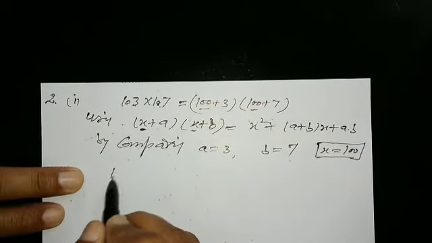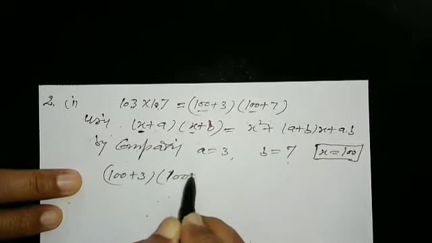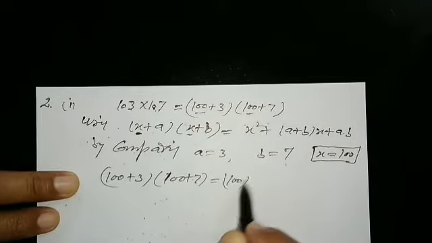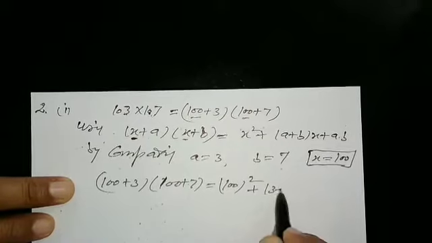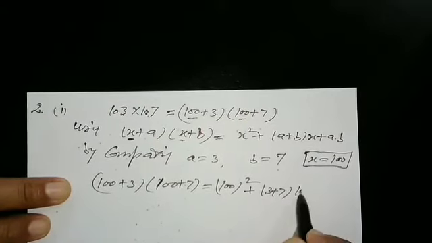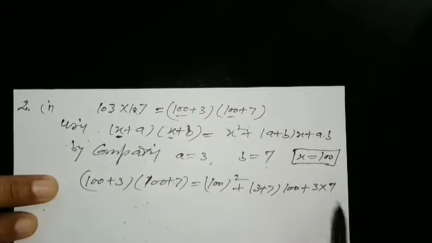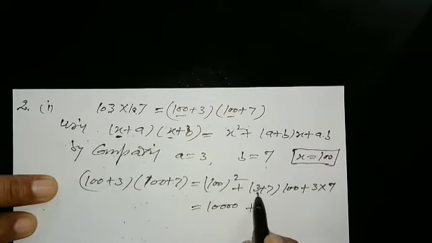So the multiplication may be written as square of x, that is 100 squared, plus a plus b, that is 3 plus 7, into x, that is 100, plus multiplication of a and b, that is 3 into 7. What is the value of this number? You will get 4 zeros, that is 10,000.